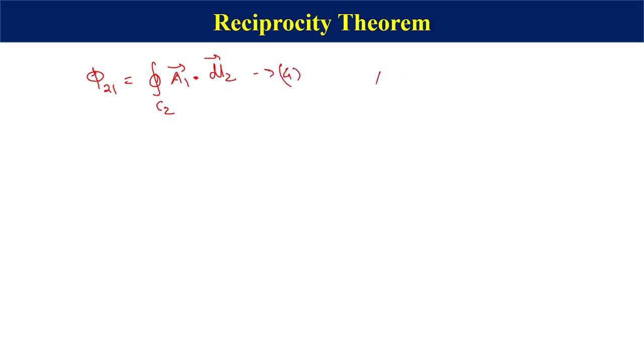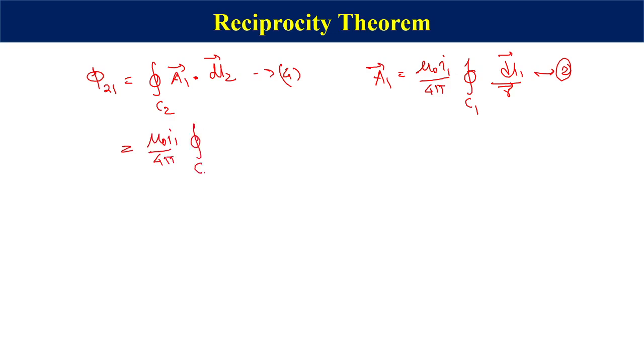From equation 2, I had A1 equal to mu naught I1 by 4 pi, closed integral over C1 of dl1 upon r vector. This is equation 2. If I put it back into this equation, the mu naught I1 by 4 pi comes out as a common factor.